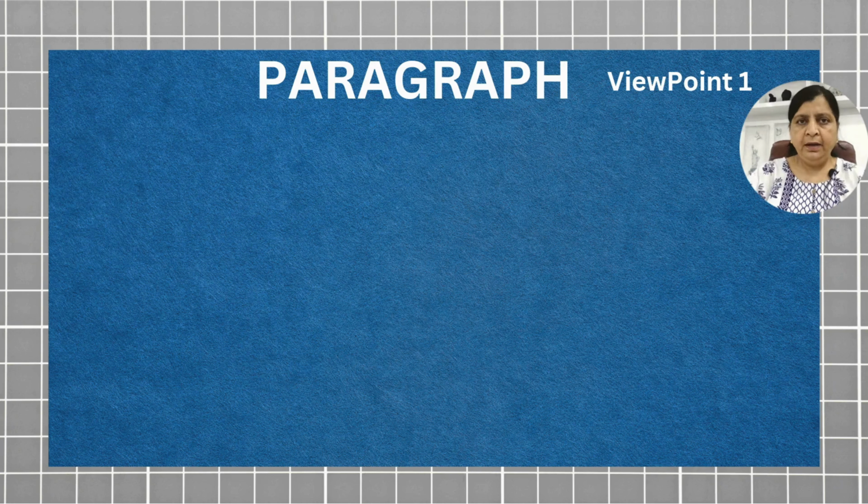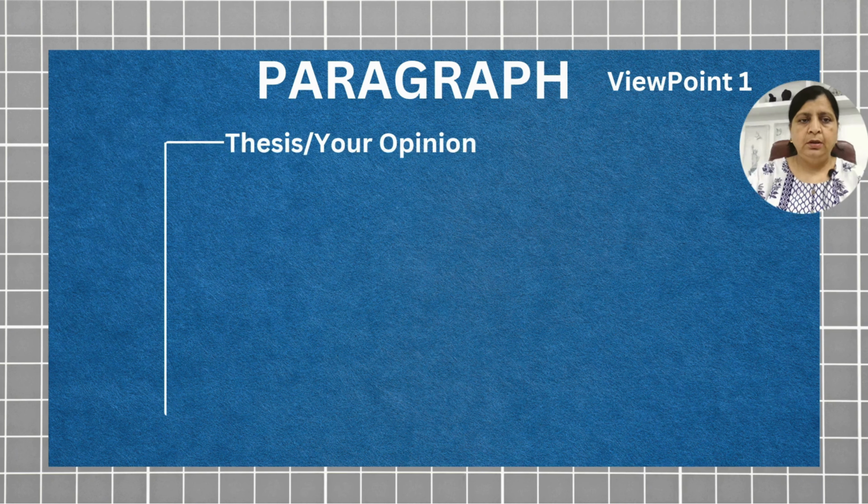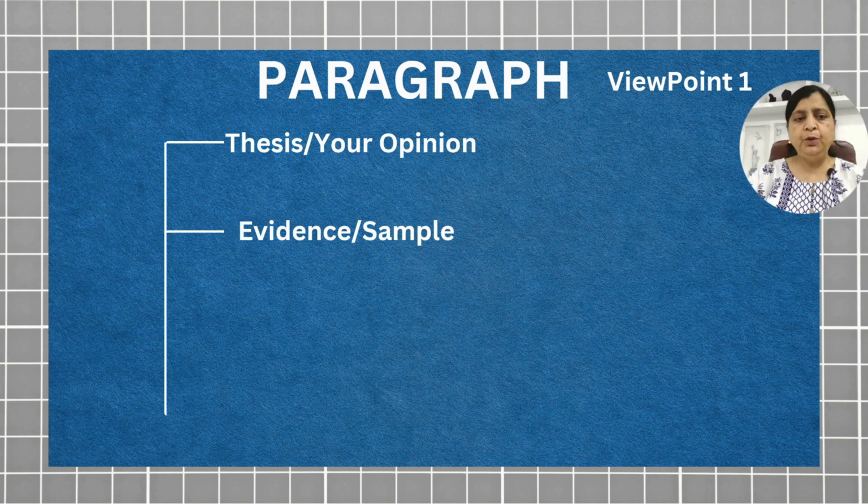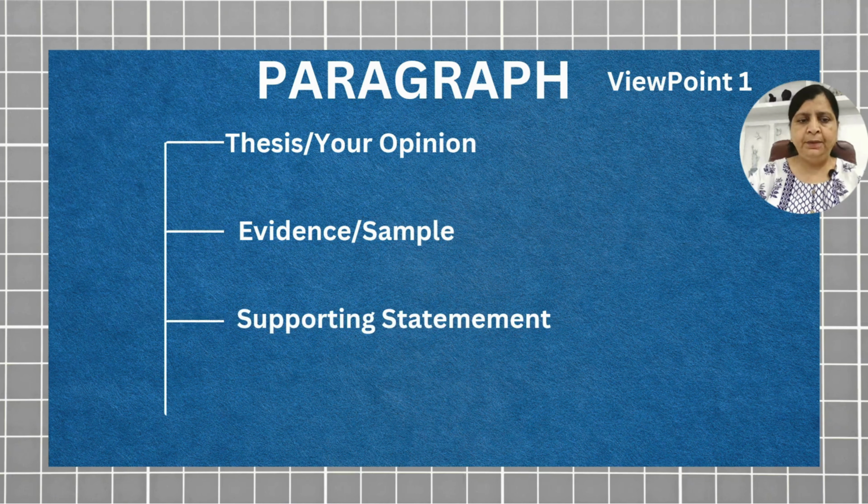Let us first write a paragraph on viewpoint 1 of the prompt. Well, the first step will be your thesis, your opinion on the view given in the prompt. It would be followed by an evidence sample. Then it would be followed by a supporting statement to make your opinion strong.